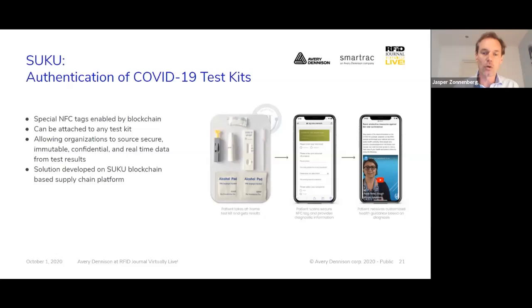Basically, this is all about guaranteeing authenticity of this test kit. As we all know, there's an enormous requirement for kits. There's a lot of fake material coming onto the market, and hence RFID is also used here to prove authenticity, to really make sure that it is the right test and that there is the right way of dealing with the information that comes out of this test.